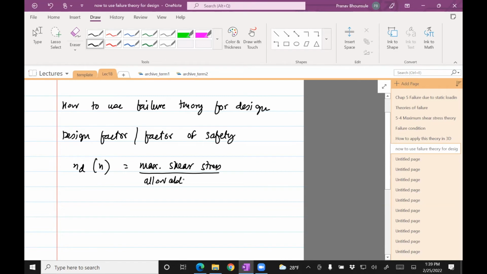That's the definition. The max stress would come from the uniaxial test, so that would be tau prime max, and the allowable stress would be tau max.